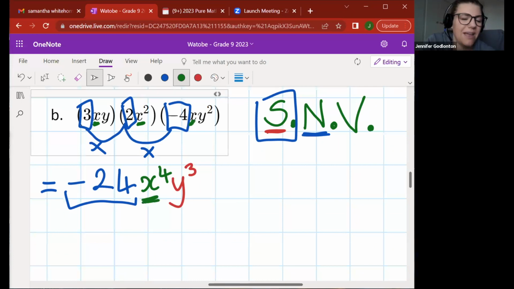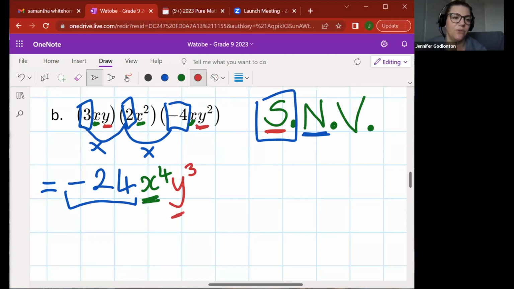So that gave me my x to the power of 4. And then here's one y, and here's another 2 y's, and that was my y to the power of 3. So ma'am, if I'm understanding this correctly, you just multiplied the constants together, multiplied the x's together and the y's. Yes, exactly. That is exactly what I did. Beautiful. Nice job.